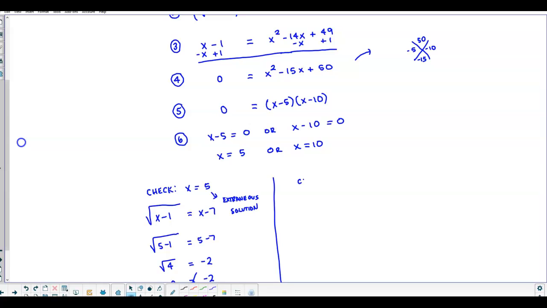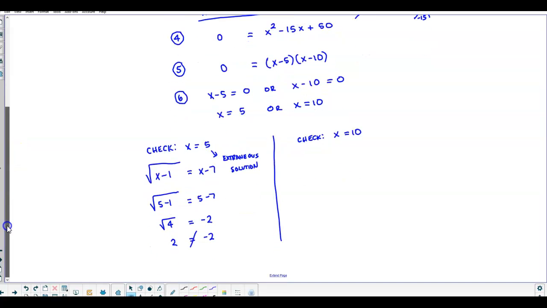Okay, now let's check when x is equal to 10. So we have the square root of x minus 1, and that's equal to x minus 7. So this is the square root of 10 minus 1, and that's equal to 10 minus 7.